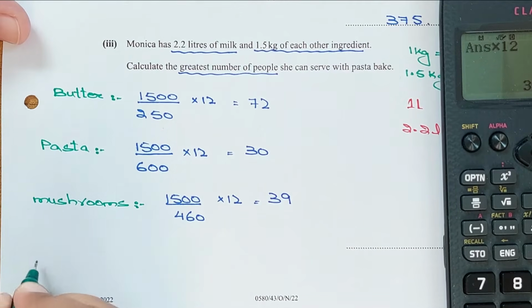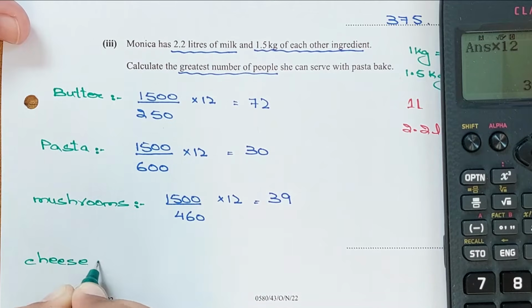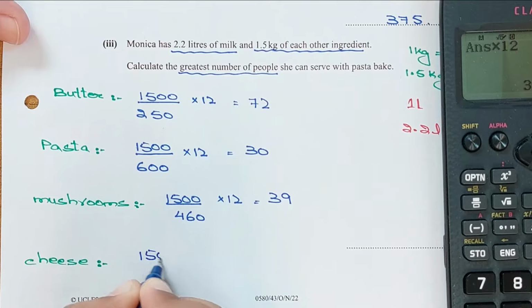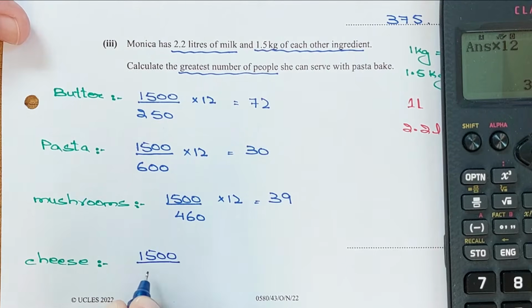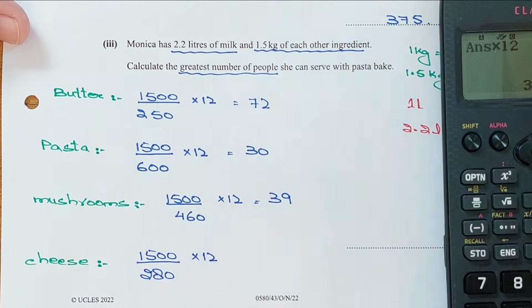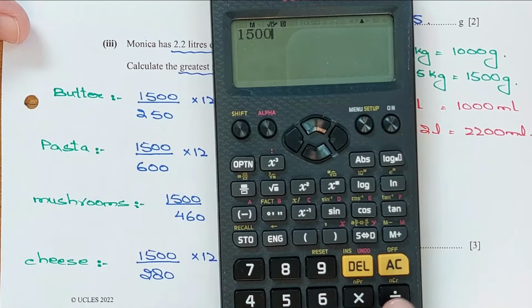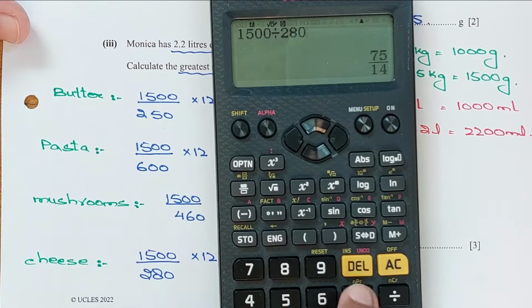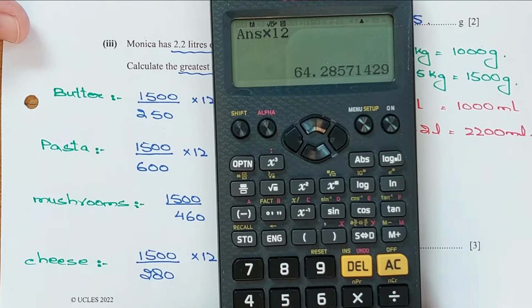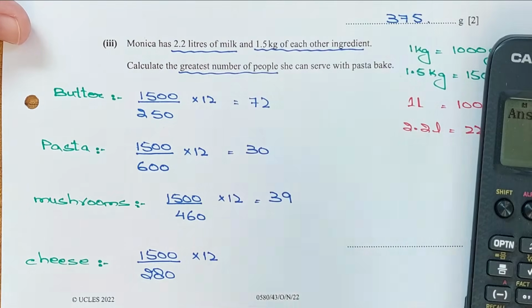The next is cheese. The cheese quantity is 1500, and for 12 people it is 280. 1500 divided by 280 times 12 is 64.3, so 64 people.